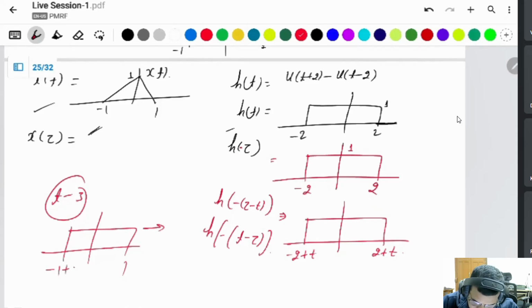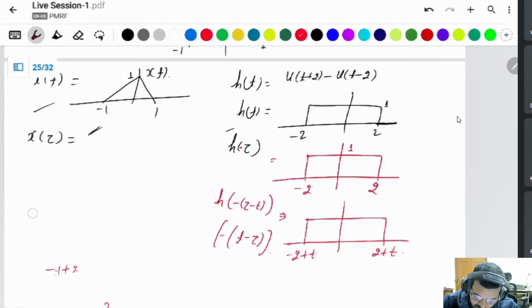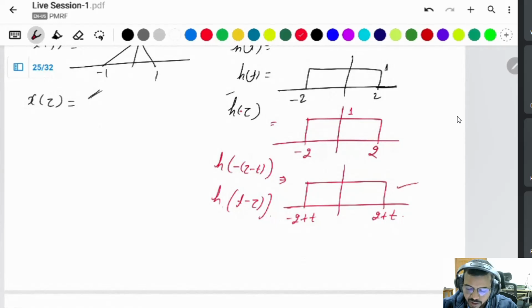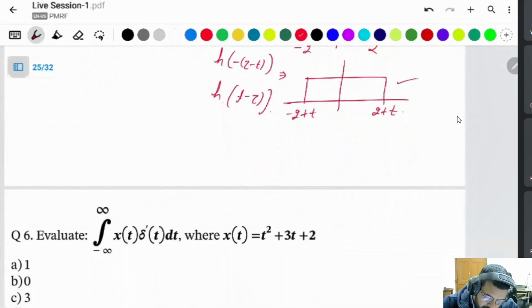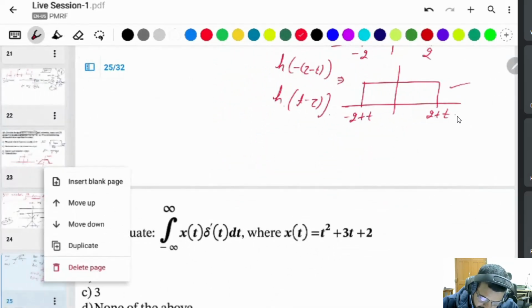That's why it is simply added: minus 2 plus t on both edges. Okay, this becomes t minus tau. Then we have t minus tau and we have x(tau), and you can start the convolution between them.